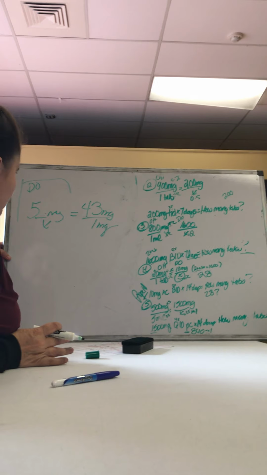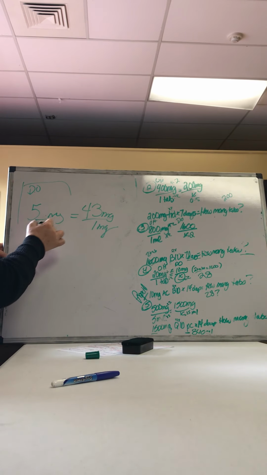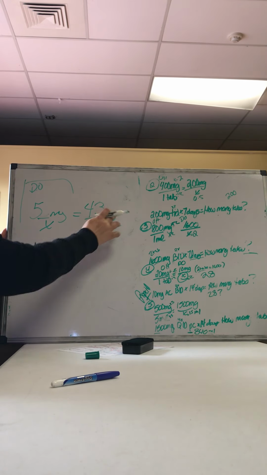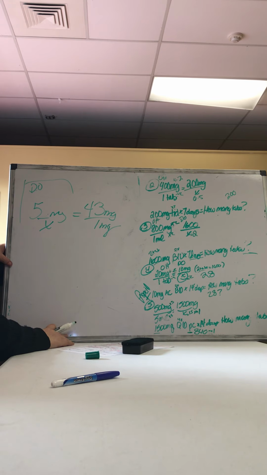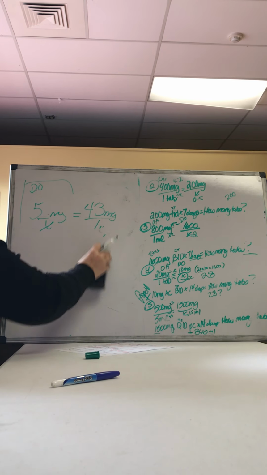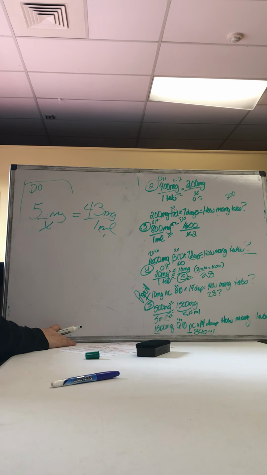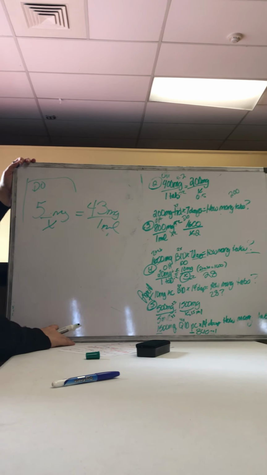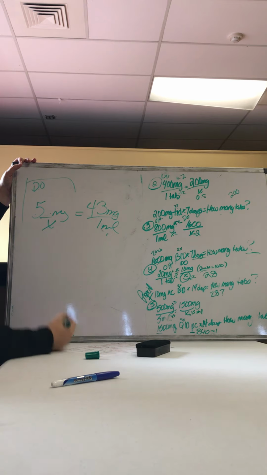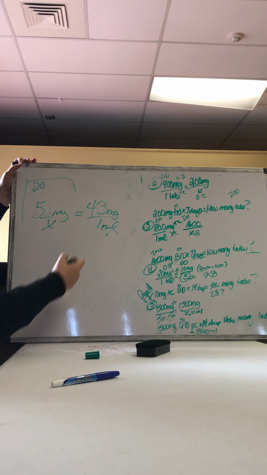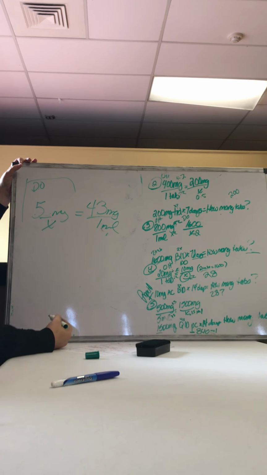Okay, so doctor ordered 5 milligrams. All you got is 43 milligrams in 1 milliliter. You can't, in your head, go from 5 to 43 without hurting your head, right? How do I do that? Go 43 back to 5. Can't do that, right? So, I ain't either.